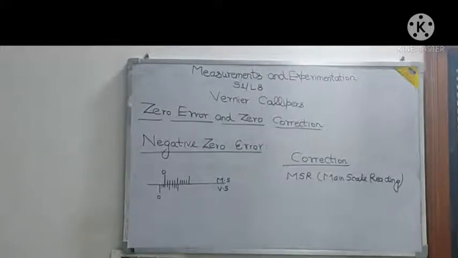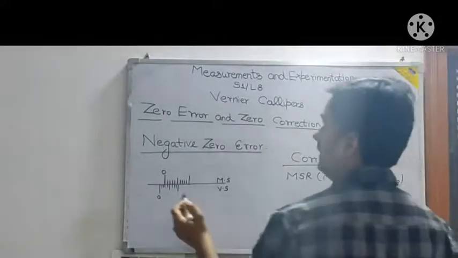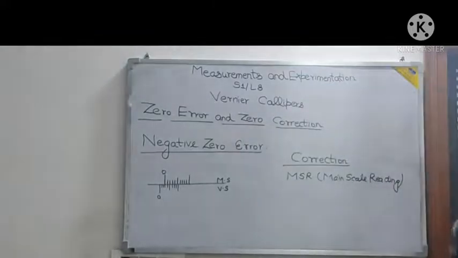So it is telling one thing, that put the negative. Since the vernier scale is to the left, the main scale reading will be negative. That is what it is saying.